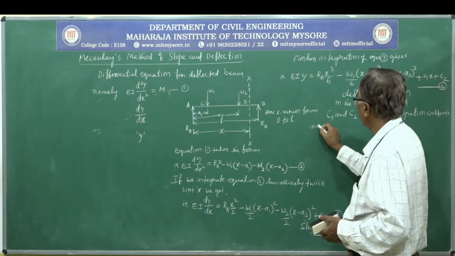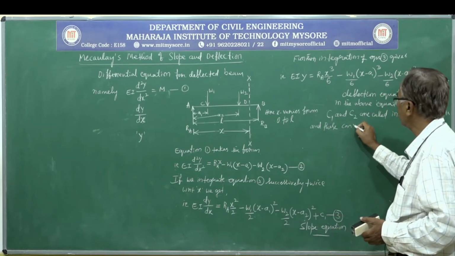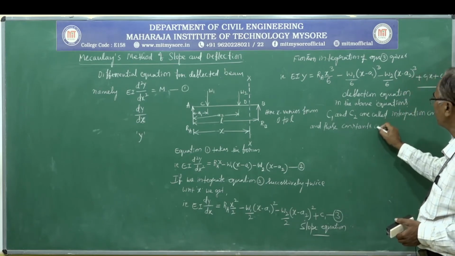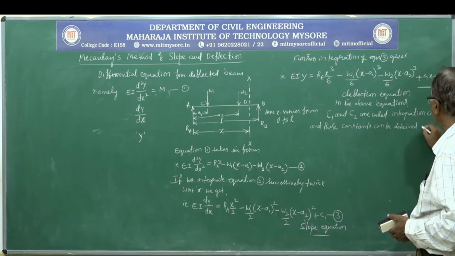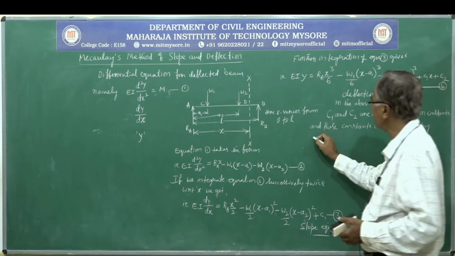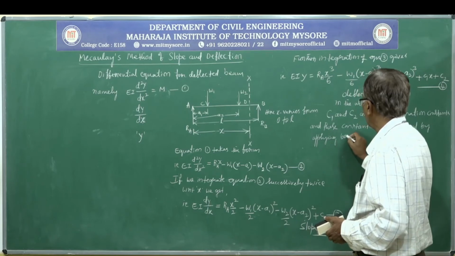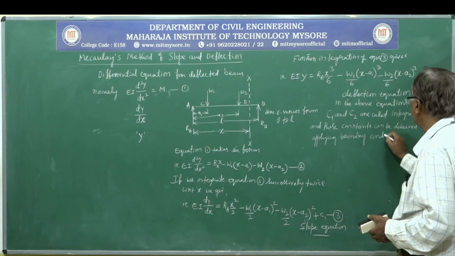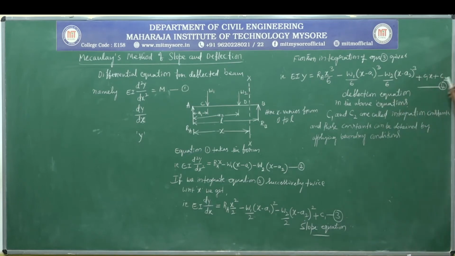And these constants can be obtained by applying boundary conditions. So C1 and C2 can be calculated by applying the boundary conditions.